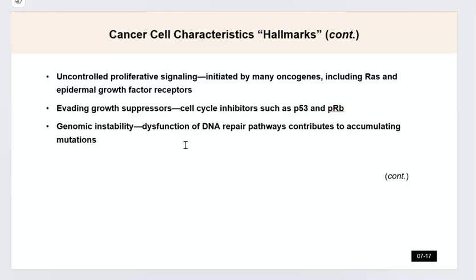So the actions of a normally functioning tumor suppressor will inhibit proliferation. So that's a good thing. But when it loses its function, so loss of function, now you can lead to unregulated growth of cancer cells. Interestingly enough, over half of the human cancers will have mutations in the p53 tumor suppressor gene.